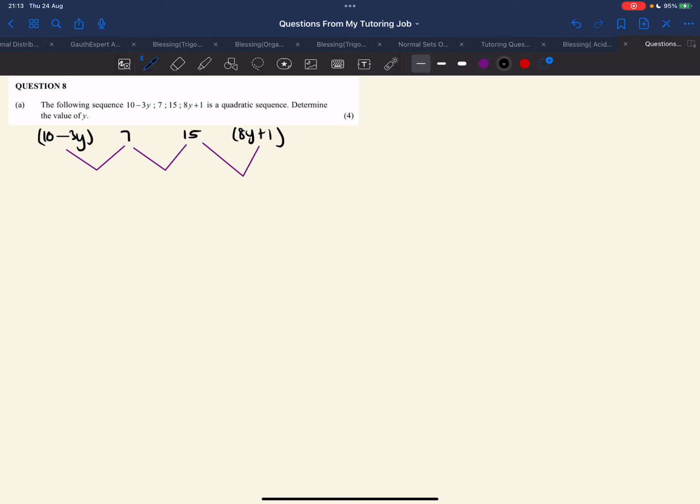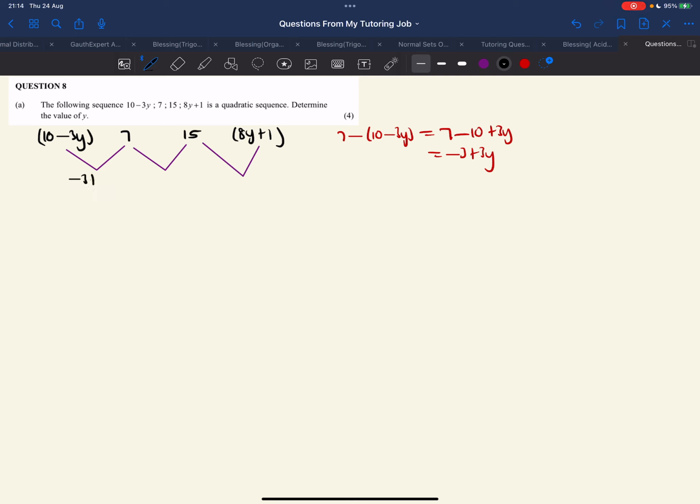Now let's see, if you find the difference between 7 and 10 minus 3y, you're gonna have 7 minus 10 plus 3y, which is minus 3 plus 3y.